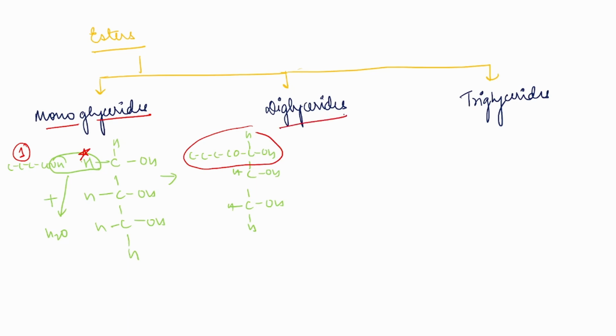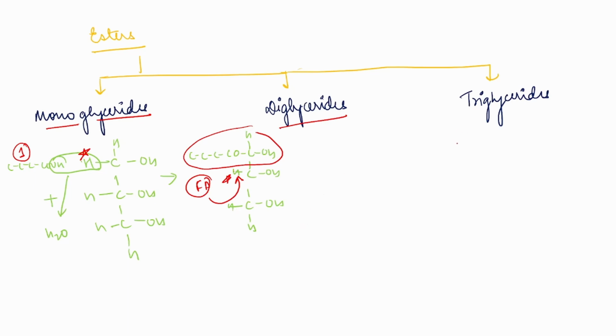In case of diglycerides, what will happen? This hydrogen also will be replaced by a fatty acid. This fatty acid will come and replace this hydrogen. That is what we call a diglyceride. For triglycerides, all the hydrogens will be removed.